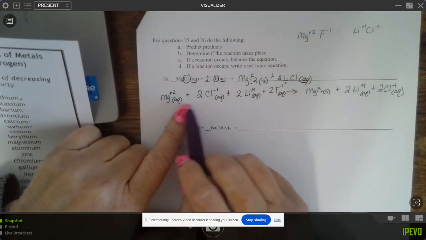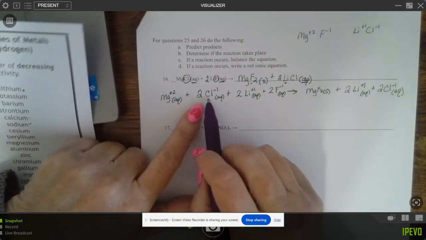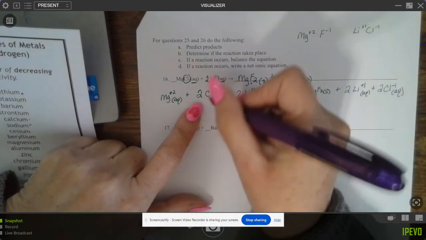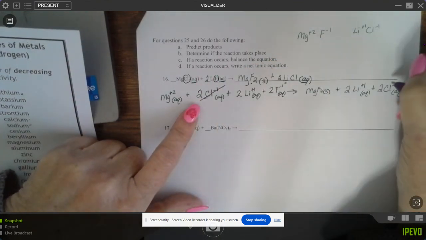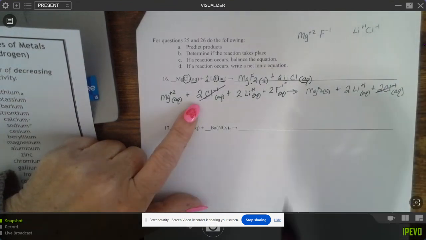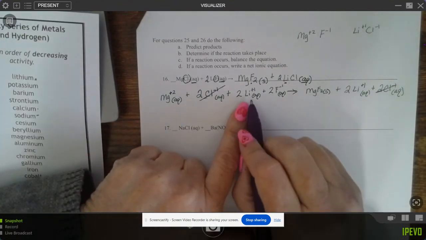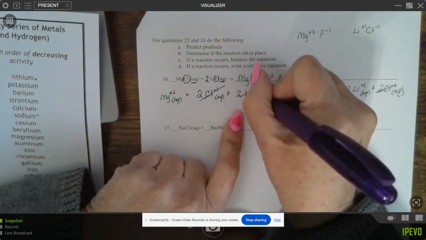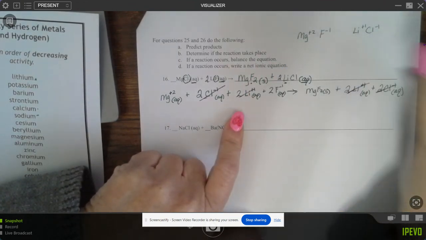If we look, I have 2 chloride ions on both sides, so I'm going to cross that off and cross that off. I also have 2 lithium ions on both sides, so I'm going to cross those off.